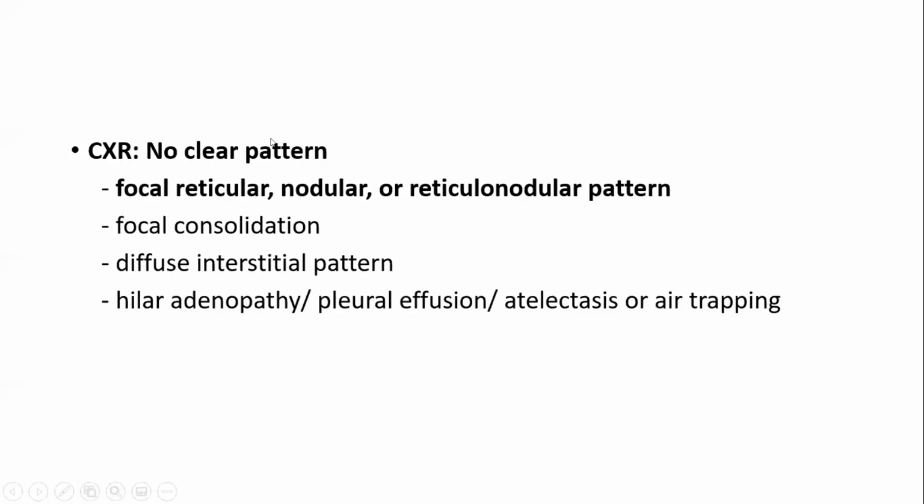Unfortunately, again, Mycoplasma pneumonia also does not have a typical chest X-ray pattern, but they say that if you see a focal reticular or nodular pattern in a focal area of the lung, together with your clinical picture, it will probably indicate a Mycoplasma pneumonia. But as they progress, they can get focal consolidations, diffuse interstitial patterns, adenopathy, effusion, and air trapping.